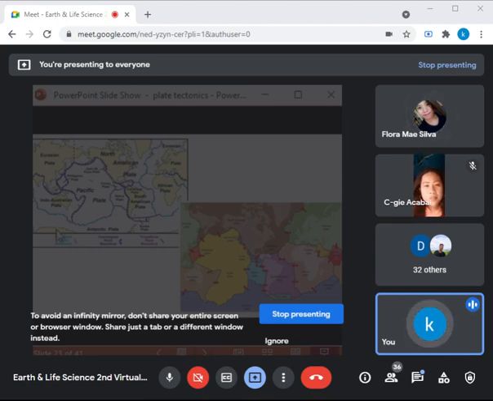Kaning sa left nga picture, kanang light blue that is divergent plate boundary, kaning dark blue convergent, and then kaning purple that is transform plate boundary. Okay. So using the map, makita nato unsa nga plate boundary ang nahitabo aning kada plate.